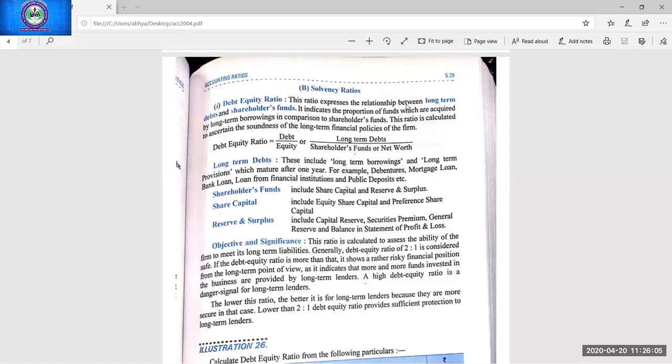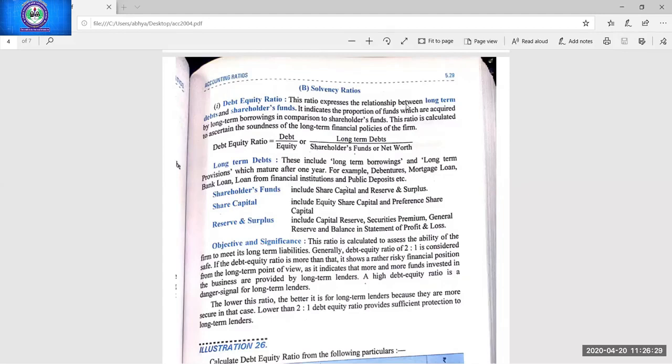Deferred tax liability and other non-current liability will not be taken into consideration for ratio chapter. They will be used only in chapter 1 for the major heads and subheads. So here we have to use only 2 subheads for calculating debt.